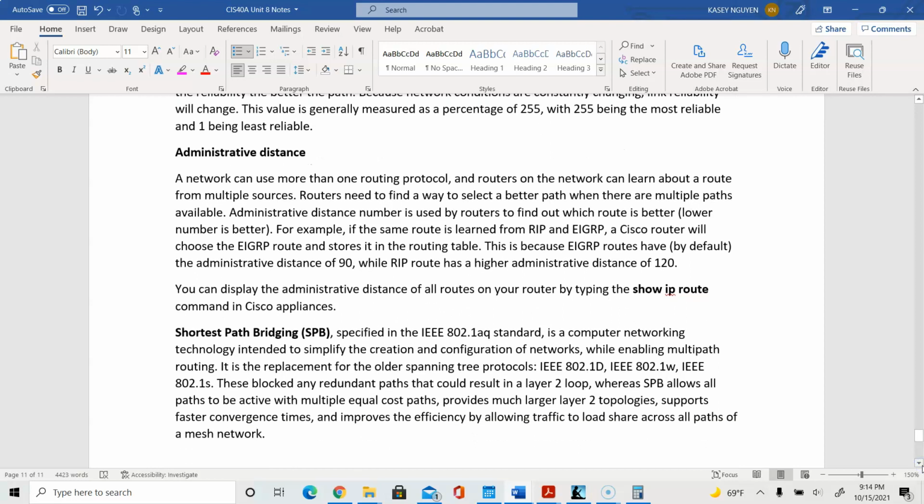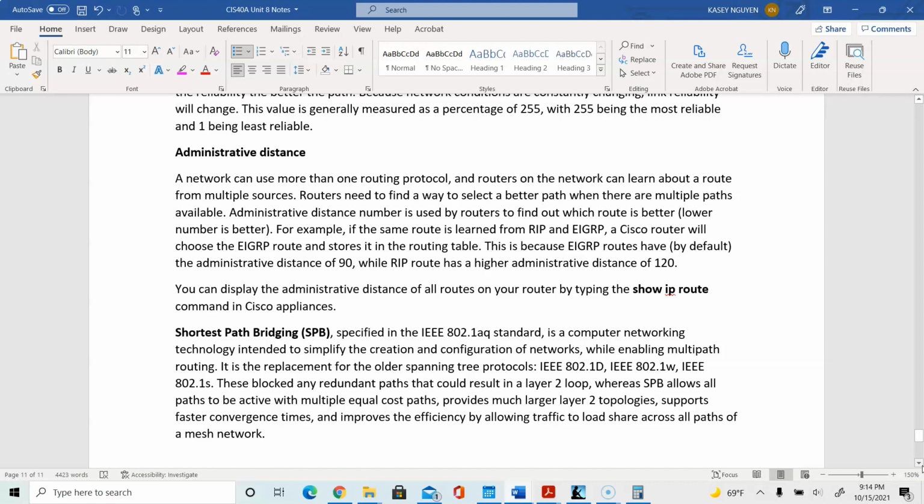Administrative distance is a value we use, in the case of EIGRP, which is a Cisco proprietary technology. The route for EIGRP uses an administrative distance of 90, whereas a RIP route has a higher administrative distance.